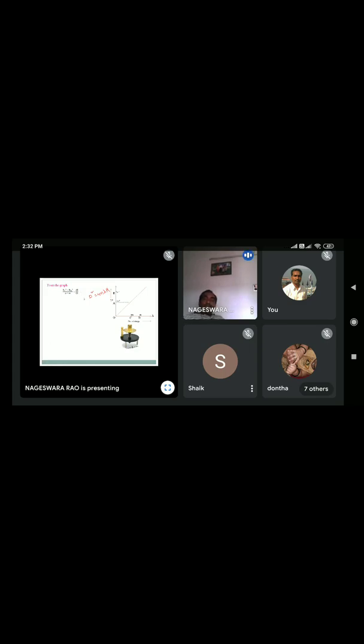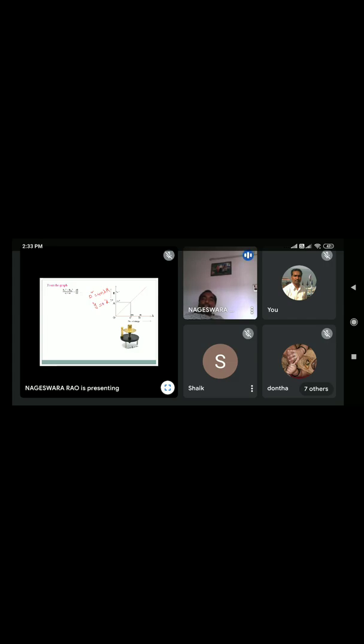Now d square is taken on the y-axis, n is taken on the x-axis. So y is equal to, this is x, and 4 lambda r are constant, which is taken as m. According to this, d square is taken on the y-axis, that is equal to n taken on the x-axis, and the remaining are constant.